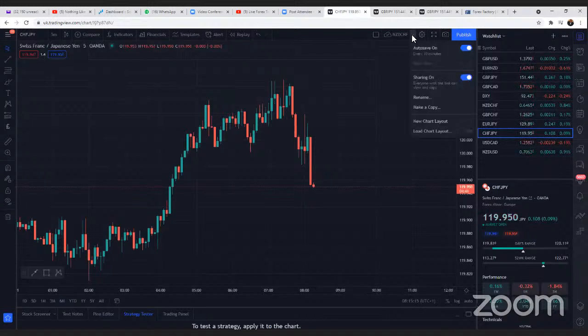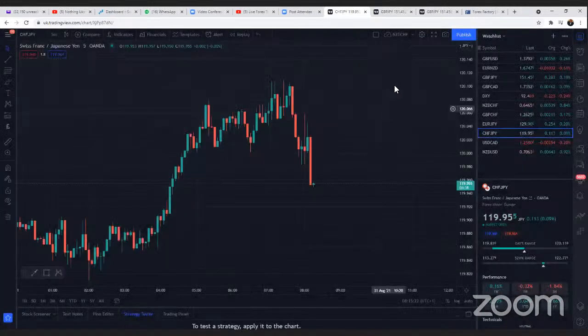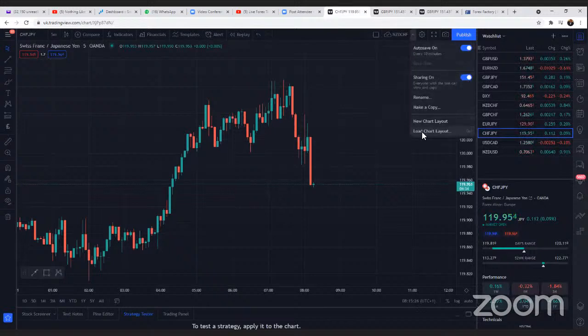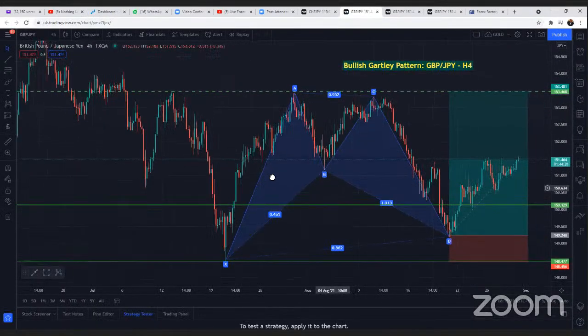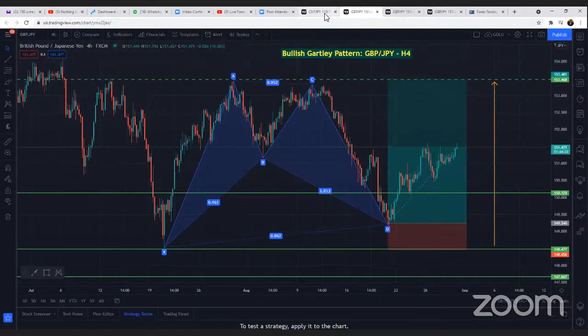Now, we are also in CHF JPY. CHF JPY obviously is correlated to pound JPY, which we just looked at. So this is pound JPY.